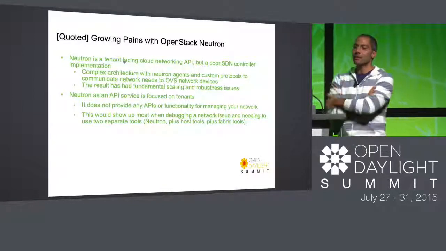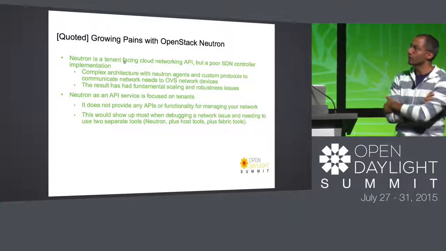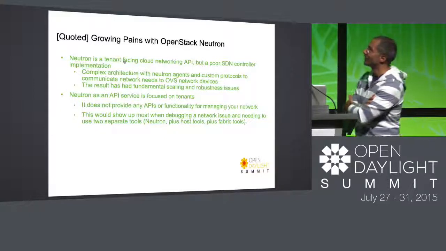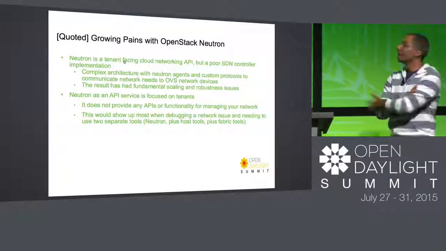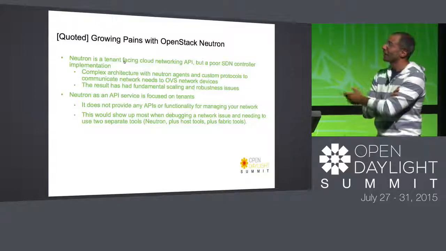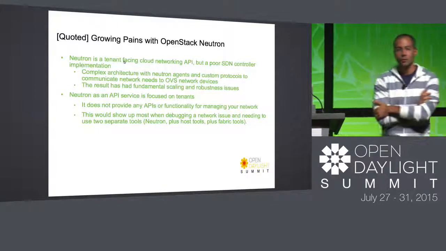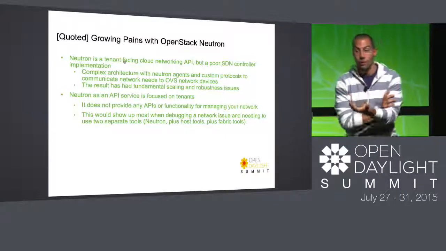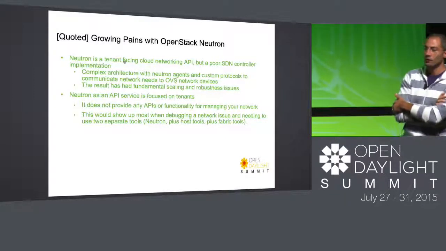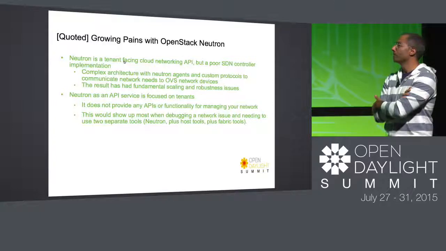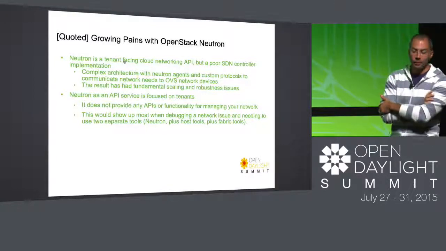Sometimes you end up seeing these types of slides that really serve no one and actually provide a disservice, because we tend to confuse Neutron with one potential implementation of the API, and it really doesn't need to be.